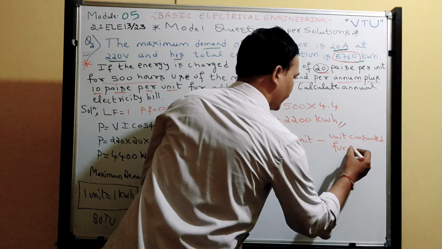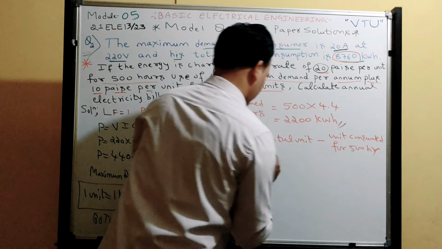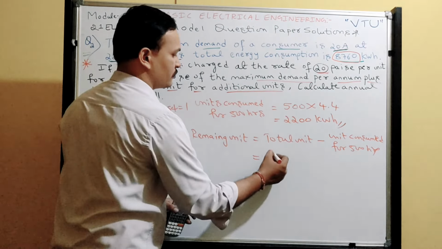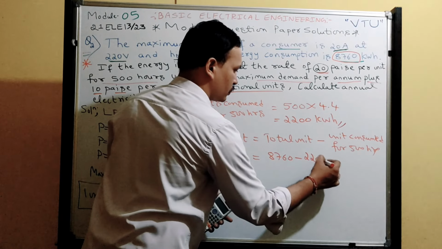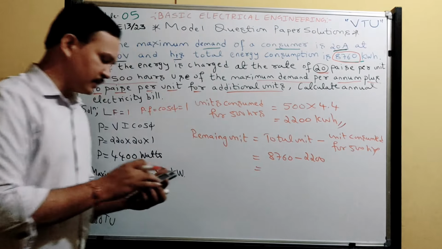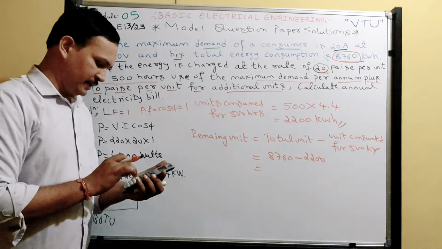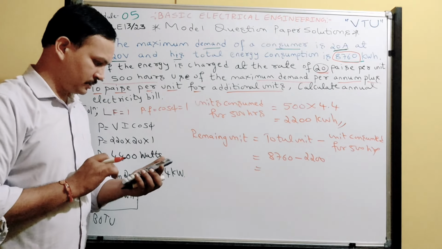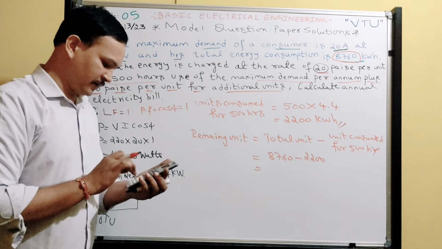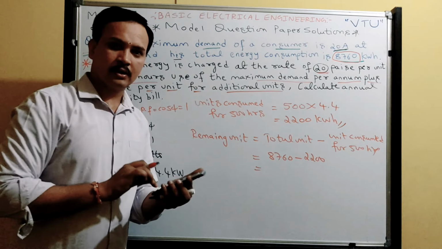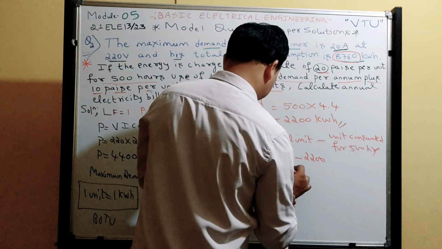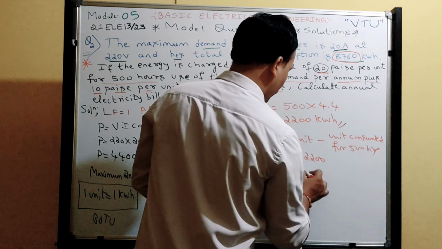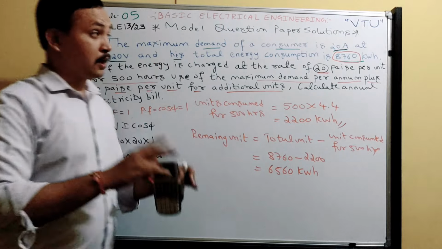The total energy consumption is 8760 minus 2200. Do along with me. So we get around 6560 kilowatt hour.